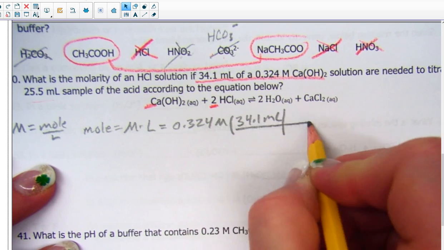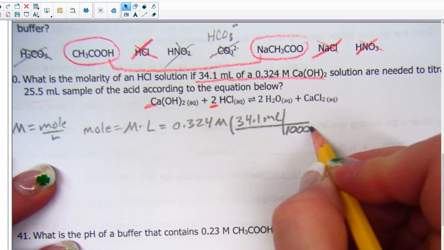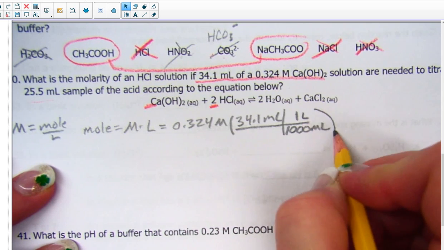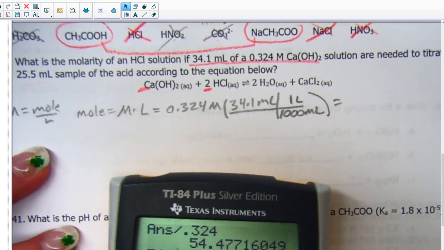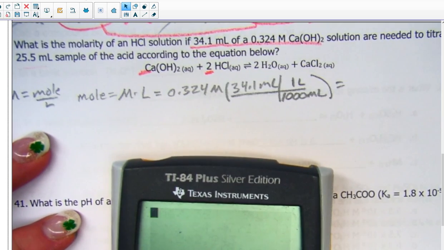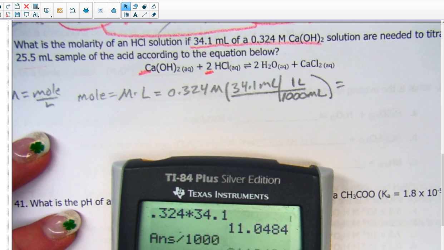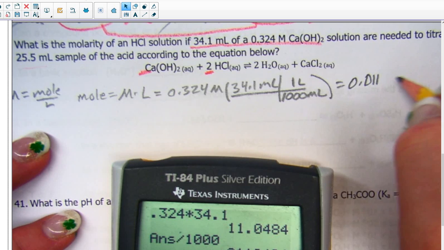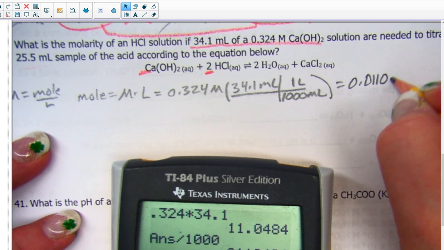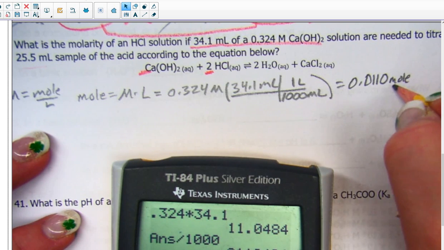But we have to change that into liters by dividing by 1,000 milliliters in 1 liter. And we get 0.324 times 34.1 divided by 1,000, which is 0.0110 moles.